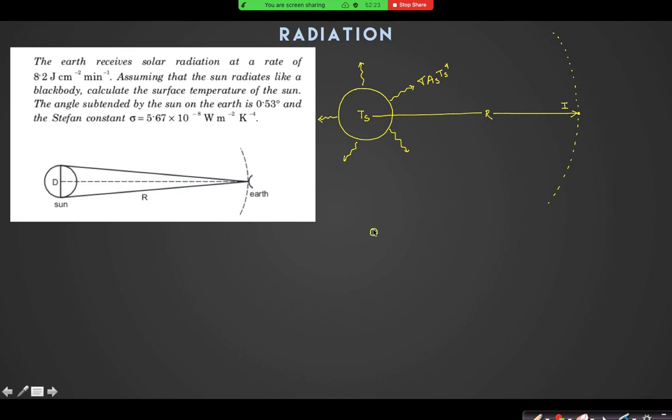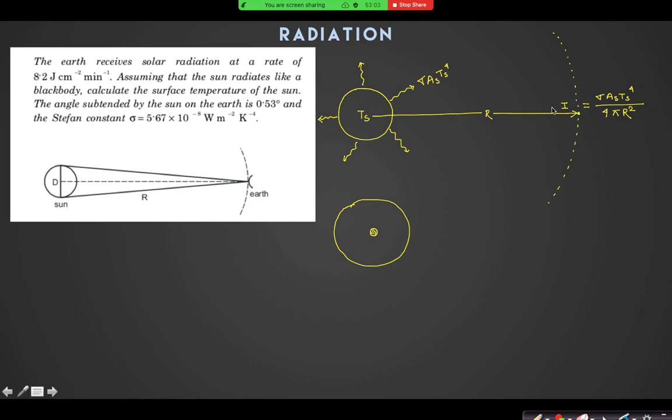Suppose you have a source here, and if you surround this source with a sphere, can you say that this entire power will first fall on this surface? Yes. Right? So what is the power per unit area? That will be the intensity at every point on that surface. So power per unit area, that intensity, can be written as sigma A Ts to the power 4 divided by 4 pi capital R square.